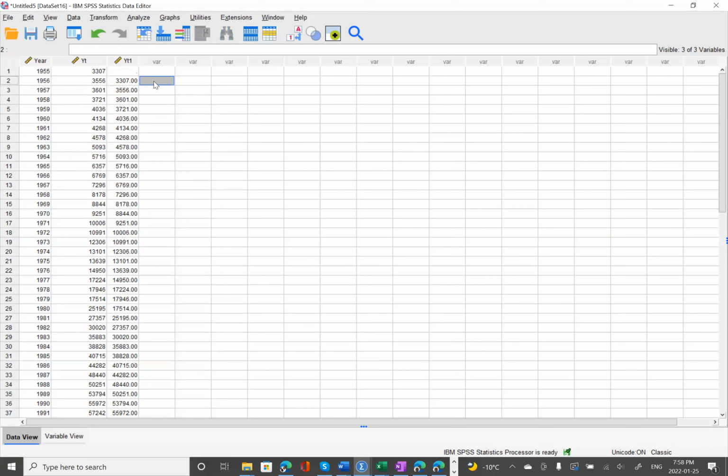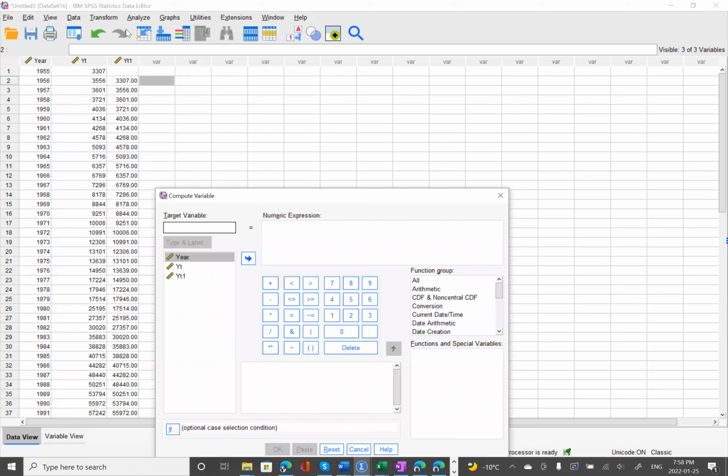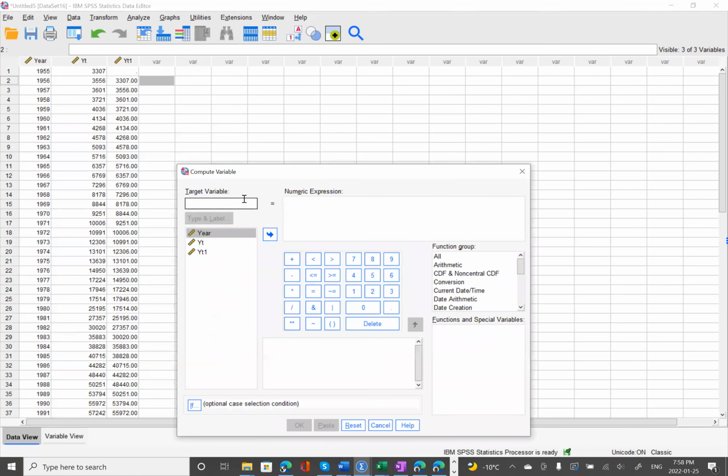In Excel, it is an easy calculation. You just do this minus this, but in SPSS you cannot do that. You have to do this: Transform, compute variable. The variable name may be difference. What do I do for difference?